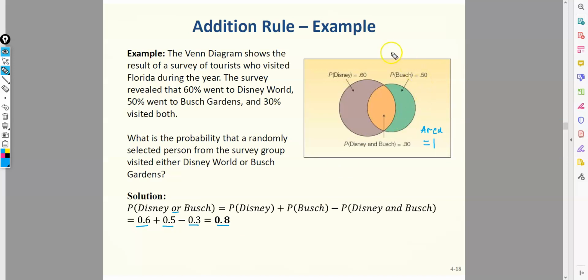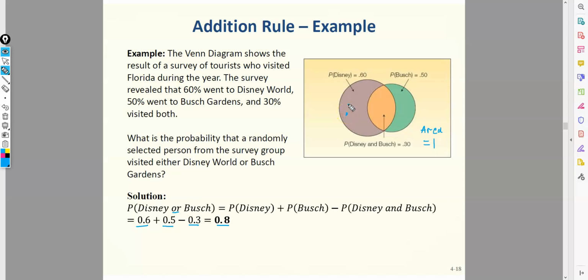And if we consider this Venn diagram up here, we can also obtain the answer of 0.8. Sometimes looking at a problem graphically gives you a little better intuition into the problem solution. So you notice the area of the larger circle is 0.6. The area of the intersecting region here is 0.3. So the area outside of this intersecting region and still inside the big circle must be 0.3.